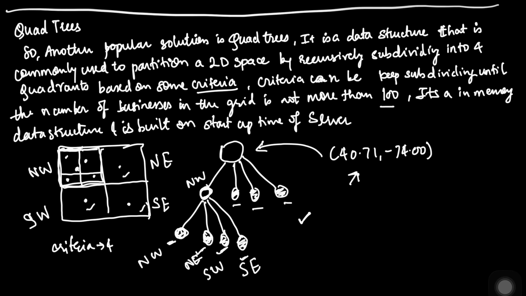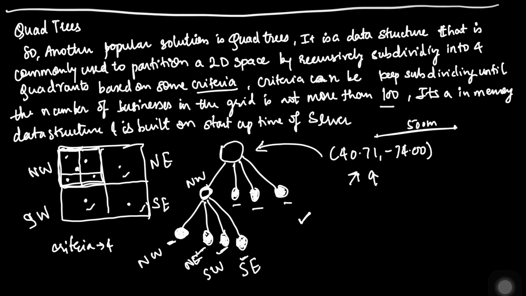Let's say it comes to NW and NW is a leaf node. We ask again whether this coordinate lies among the businesses in NW. So basically, the businesses are spread across these leaf nodes, and whichever leaf node actually contains our coordinate, we go into that leaf node and then use the Haversine formula, which is just like a distance formula, to get the businesses near this particular business within a radius of less than 500 meters.